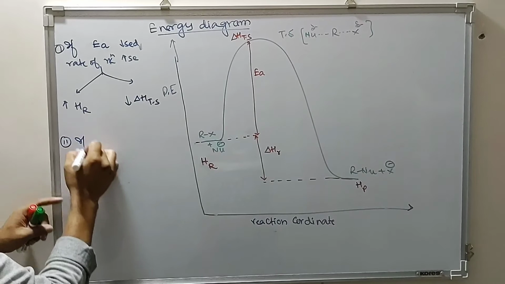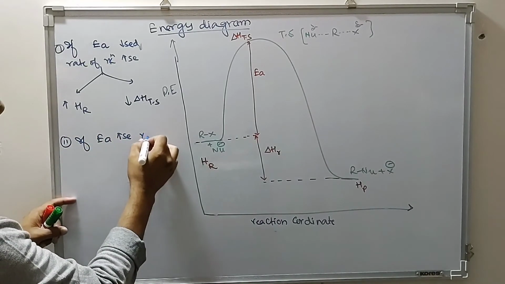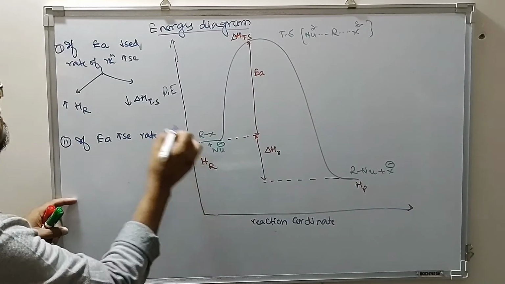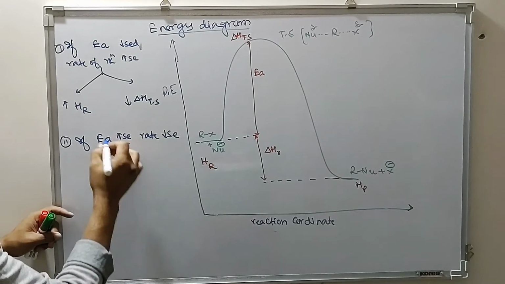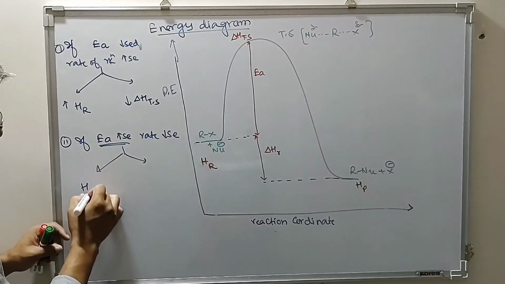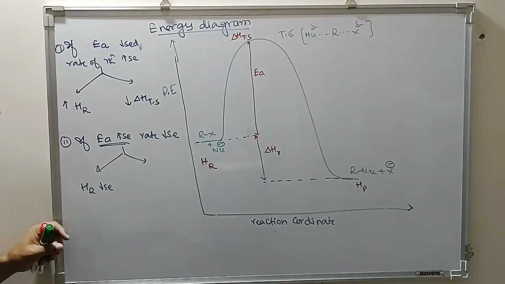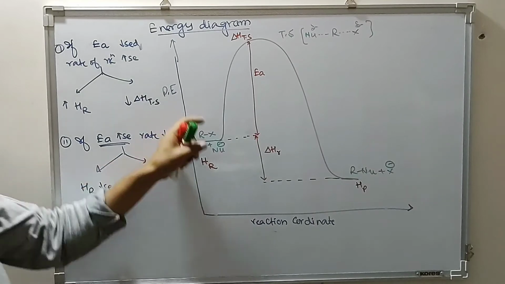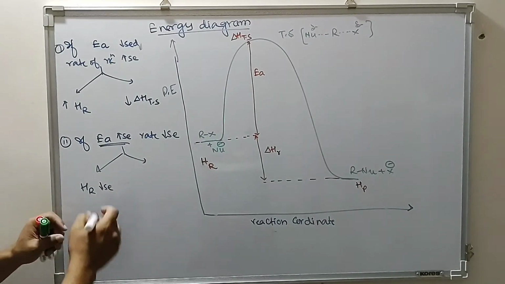But if activation energy is increased, the rate decreases. This increase in activation energy is again possible in two different ways. If the enthalpy of reaction is decreased, meaning if the reactant is more stabilized, the potential energy of the reactant will decrease, then this energy gap will increase, and the rate becomes slow.